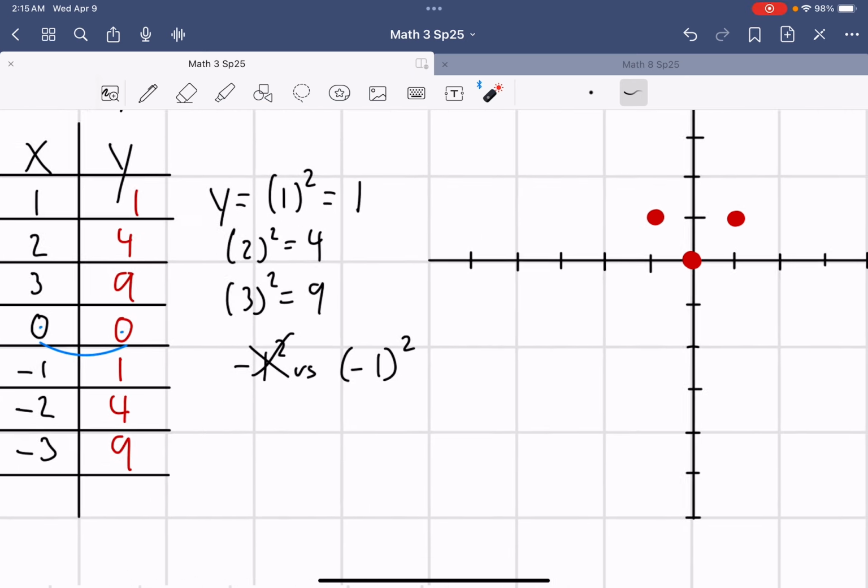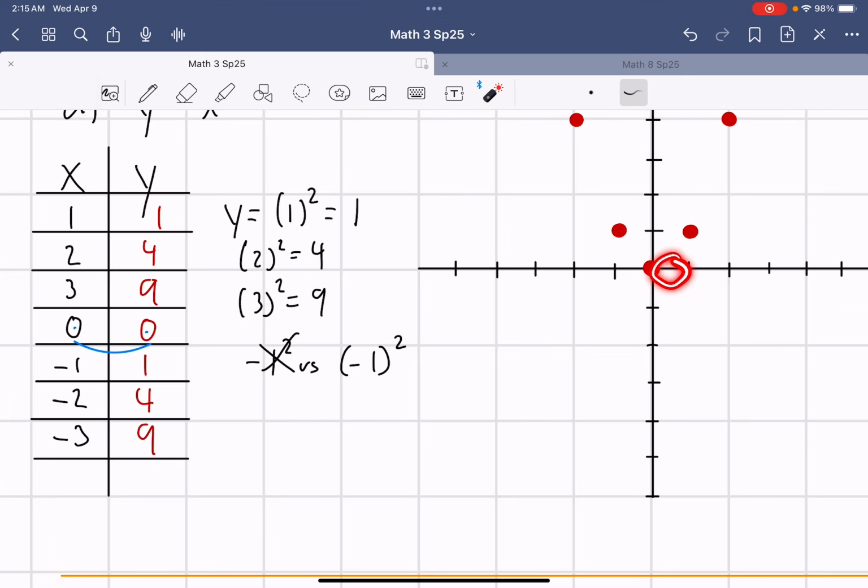And if you can't tell, you can start choosing more points, right? This is 1, and that's 0. So you can go and choose 1/2. What happens when we do 1/2 squared? It's going to be 1/4. So that's going to mean at a half, this becomes a quarter. And you can see now, it's definitely not a straight line.